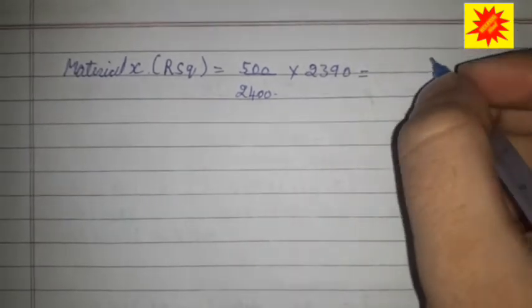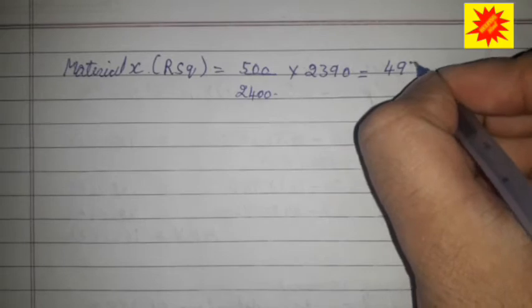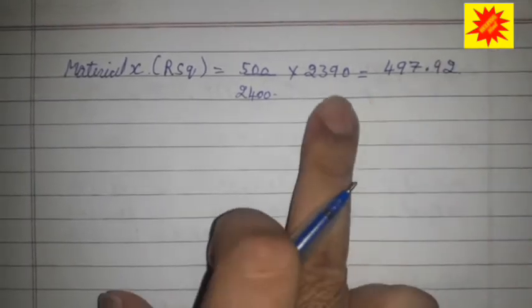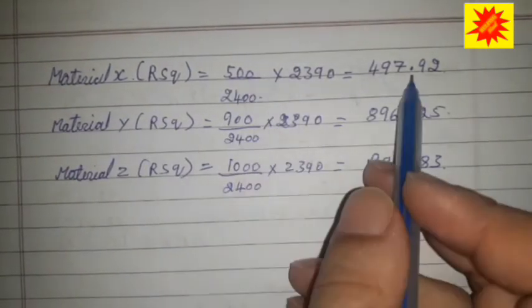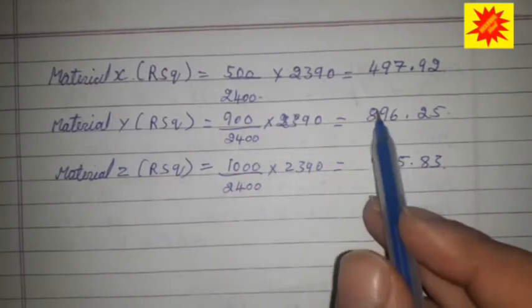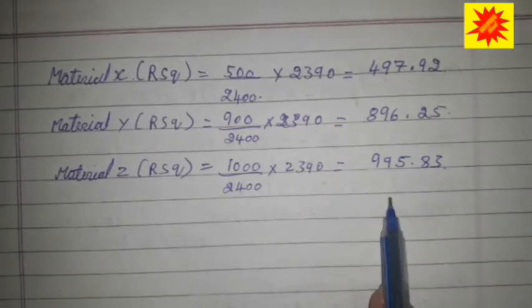When we do this, we arrive at 497.92, rounded off figure. So this is how we arrive at material X. So now the first one is how we have seen. So material Y, this is the answer, and material Z, this is the answer. So I've done it fast to save time, right?